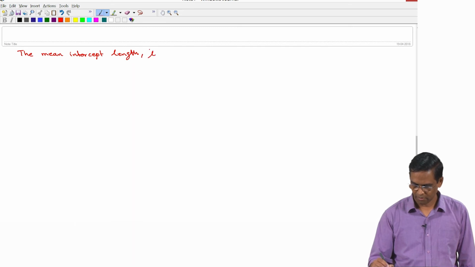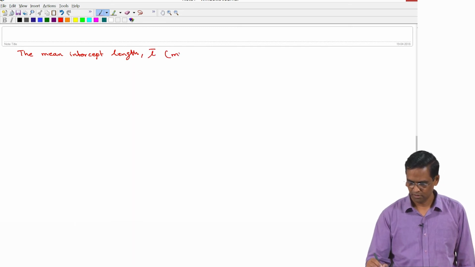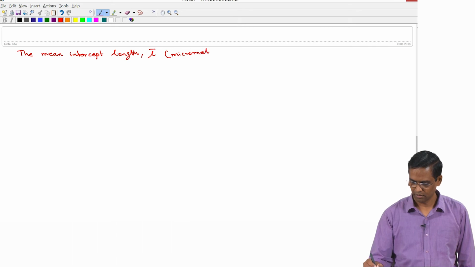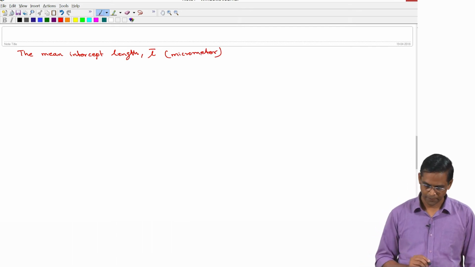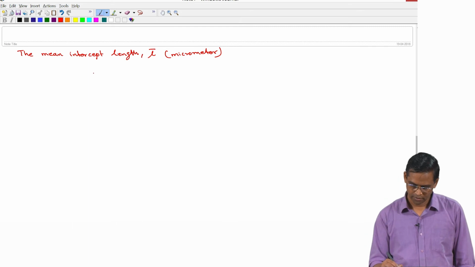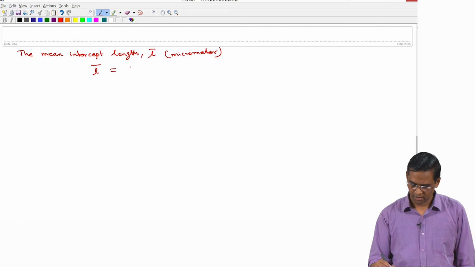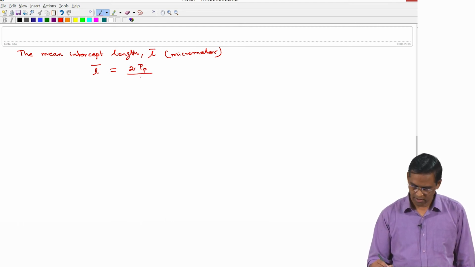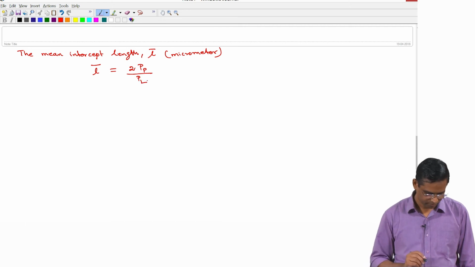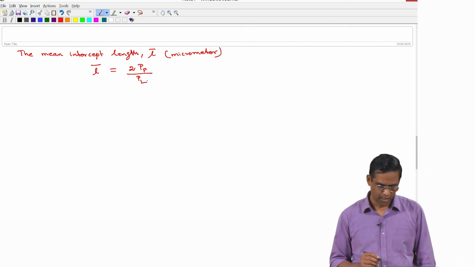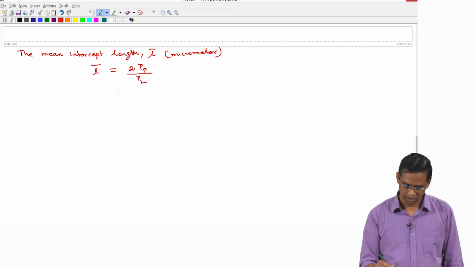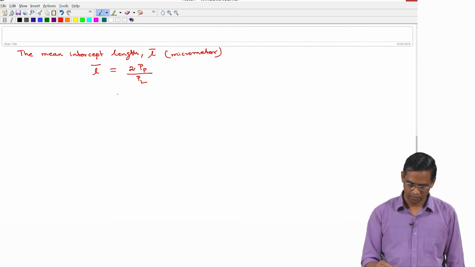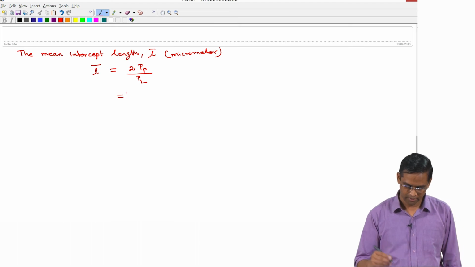That is L bar, micrometer. Okay. So, if you recall this formula, this is 2 Pp by PL. Suppose I take the first measurement that we did in the class last time.